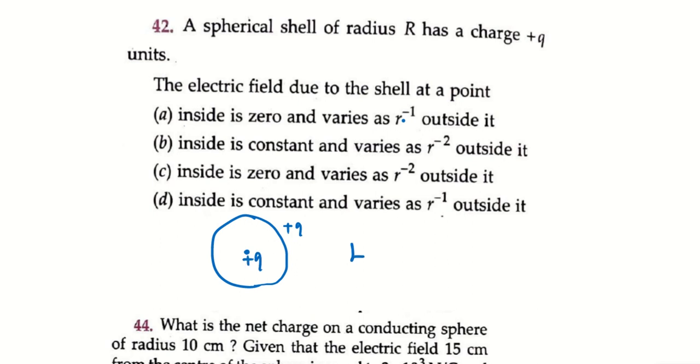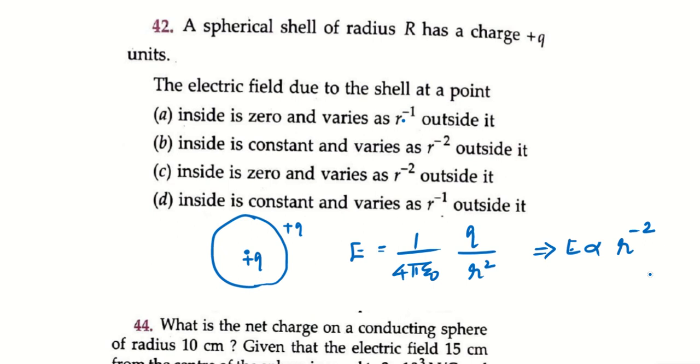So the electric field due to this charged spherical shell can be written as the electric field due to a point charge, Q divided by R squared. So we can see from here E is proportional to R power minus 2.